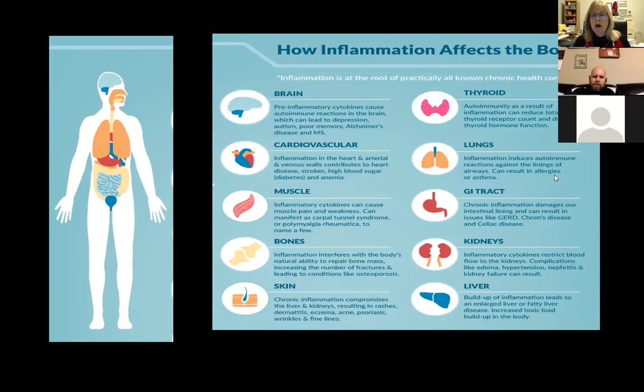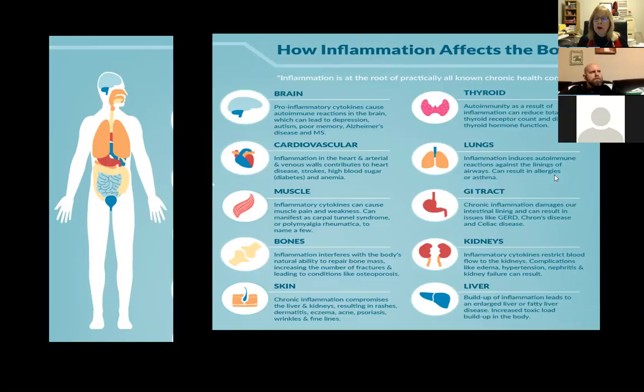We have a lot of autoimmunity with, for instance, Hashimoto's thyroiditis, where our thyroid just isn't functioning. It's pretty common for people to think about lungs, specifically asthma or reactive airway disease. One of the things with inflammation that a lot of people don't realize is the whole idea of GERD and celiac disease, where people can't tolerate gluten, but basically they have an inflammatory response.